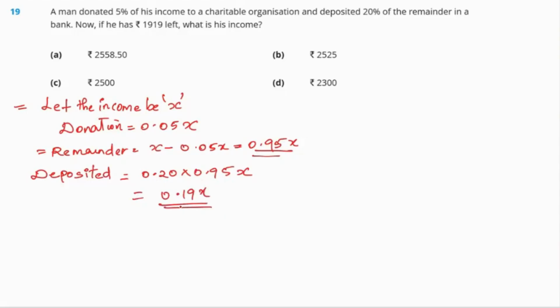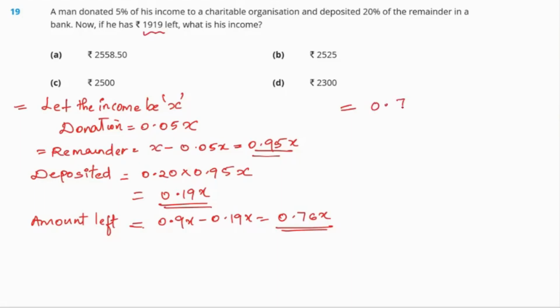Now what is left with him? Let us check. The amount left after deposition and donation is equal to 0.95X minus 0.19X. So what is left with him now? 0.76X is what is left with him now. So this amount is equal to rupees 1,919.